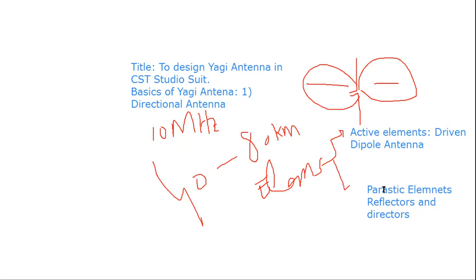It will be clear from the structure. Now I want to show the structure, and then it will be clear what the effect of the active element is and what the effect of the parasitic elements is in the Yagi antenna.